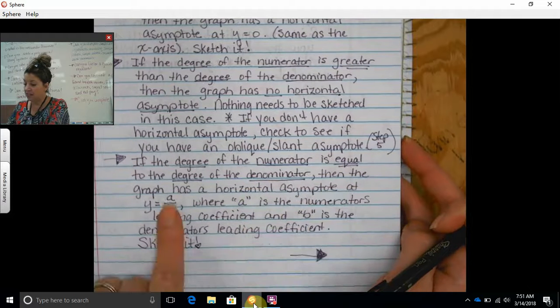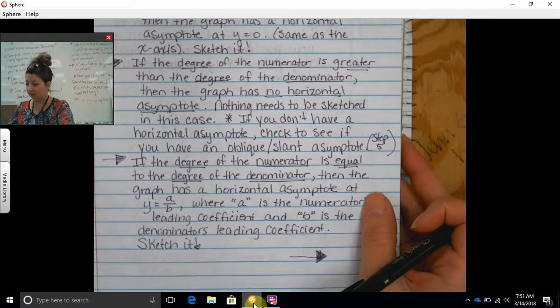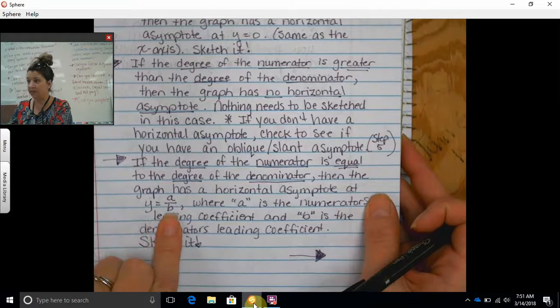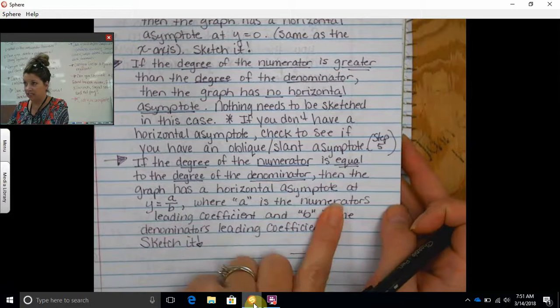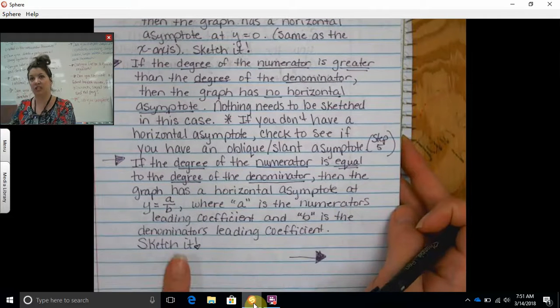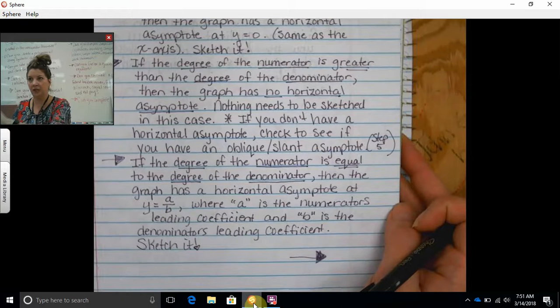Then the graph has a horizontal asymptote. Remember, horizontal goes this way. At y = a divided by b, where a is the numerator's leading coefficient and b is the denominator's leading coefficient. So that's different than when you have a quadratic and you're looking at a, b, and c, okay?